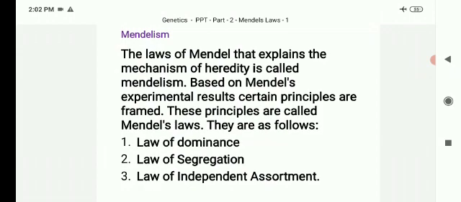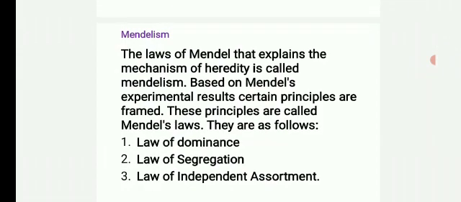The laws of Mendel that explain the mechanism of heredity are called Mendelism. Based on Mendel's experimental results, certain principles are framed.